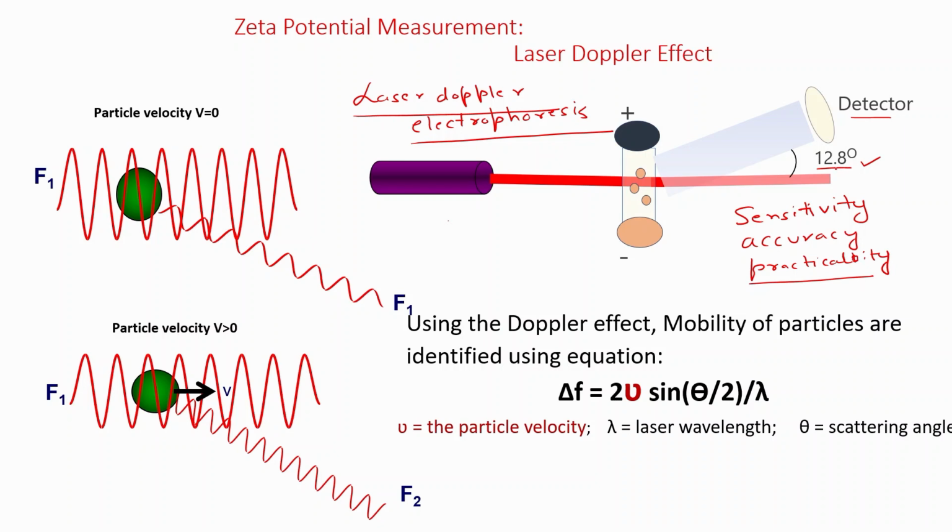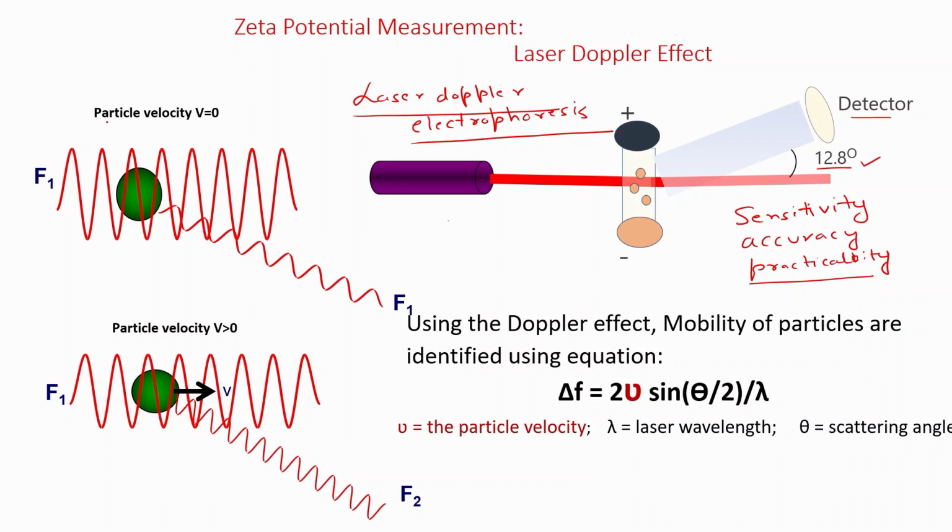This angle can measure the small frequency shifts that happen because of the movement of the particle, and it also avoids multiple scattering. The intensity of the scattered light reaching the detector will be higher if the angle is 12.8 degrees.